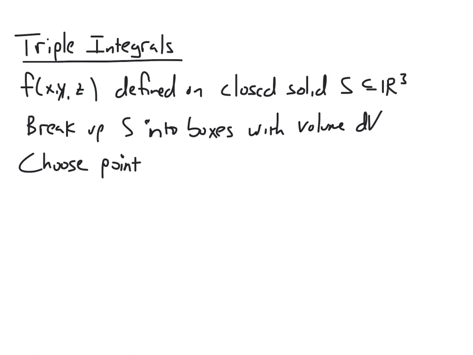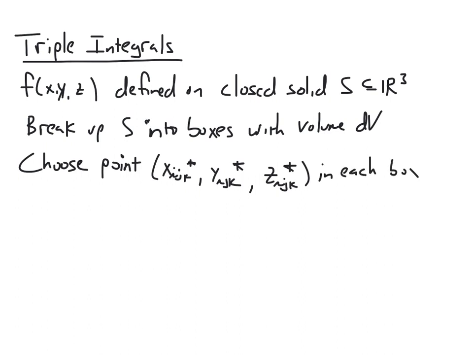We might call this point x_ijk star. We're just going to use this once, so don't worry so much about the notation. But we have a three-dimensional grid of boxes. Those boxes are going to be indexed by i, j, k. And the star just means we're picking a particular point in that box.